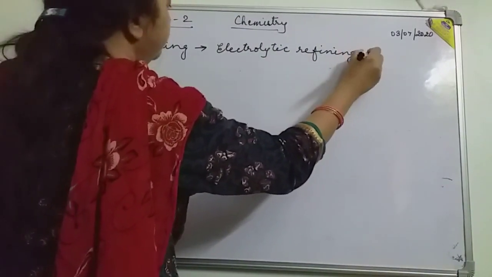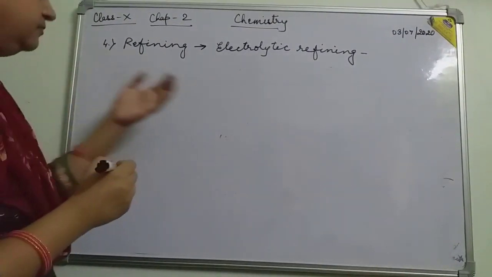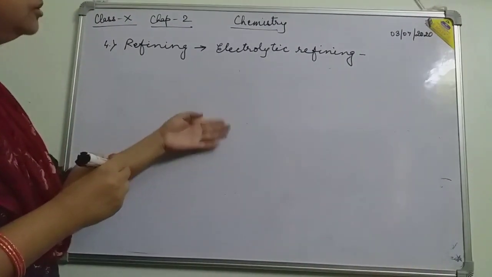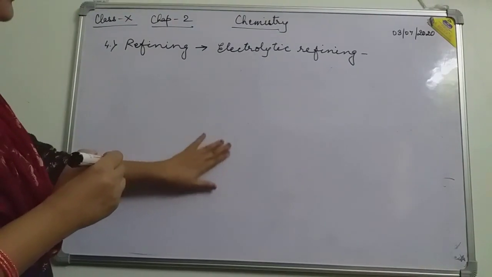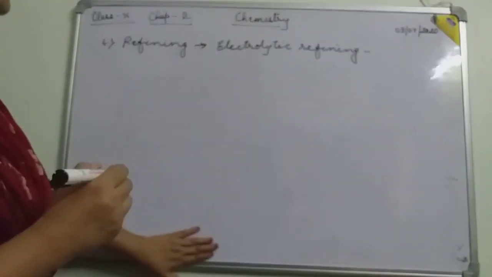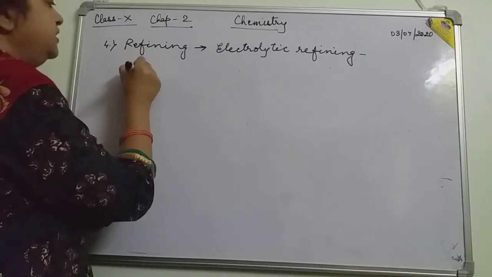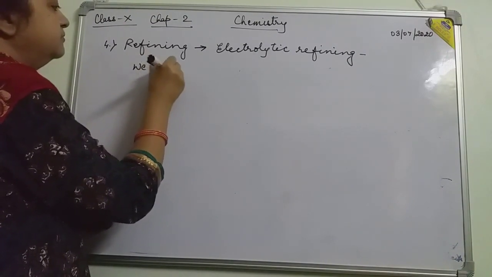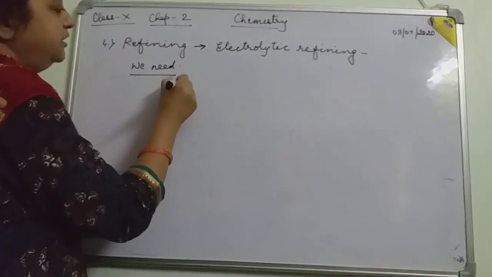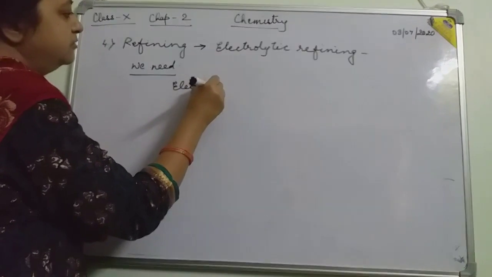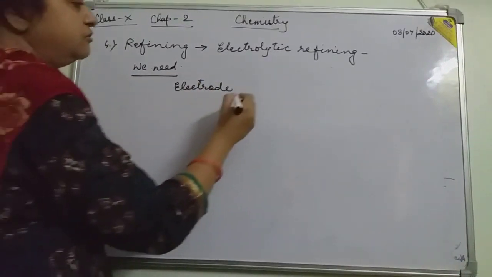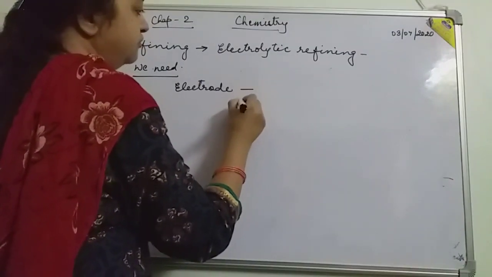In the process of electrolytic refining, we usually use electrodes and electrolytes. Two electrodes are needed, cathode and anode.